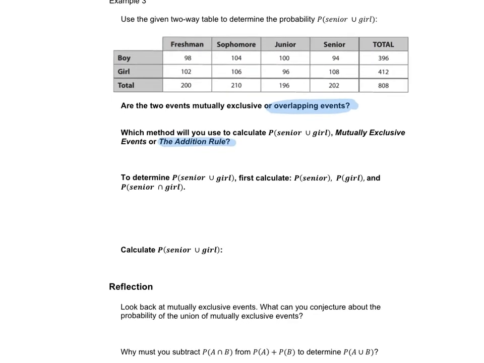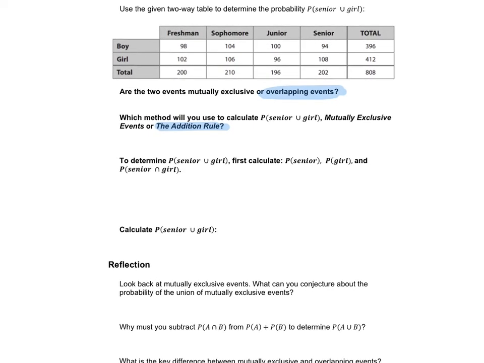The probability of a senior, I'll just abbreviate here, the probability of senior is going to be, how many seniors are there? There's 202 out of a total of 808. And so the probability of a senior is 202 over 808. And that does reduce to 1/4.